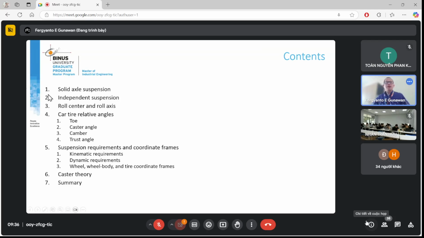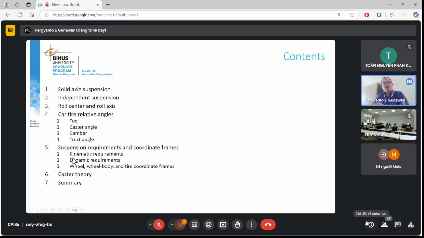And then we discuss the independent suspensions, and we discuss the roll center, how the body of a car will rotate when the suspension moves, right? And a number of design criteria of the suspension are the toe, the caster angle, the camber angle, and the thrust angle. So all of those things will be discussed.